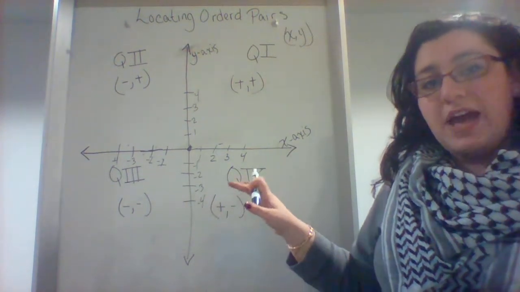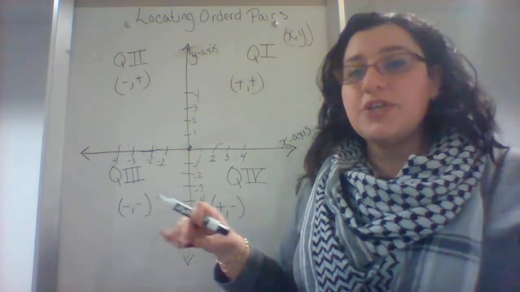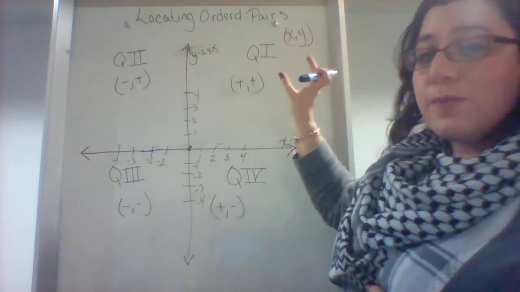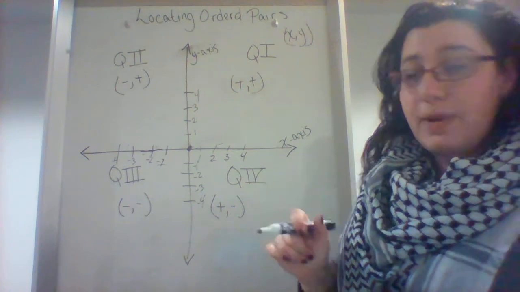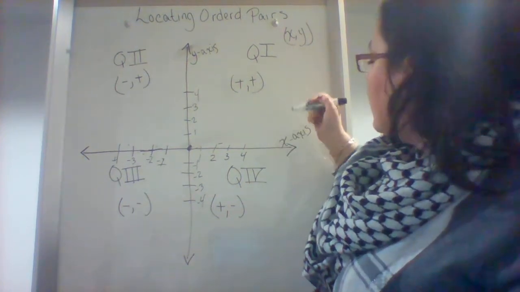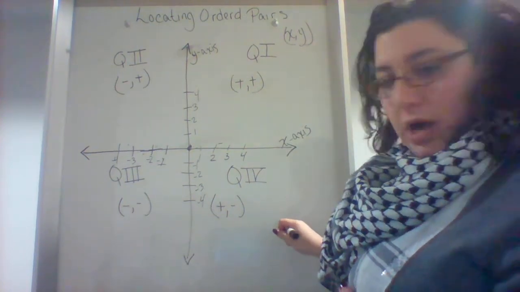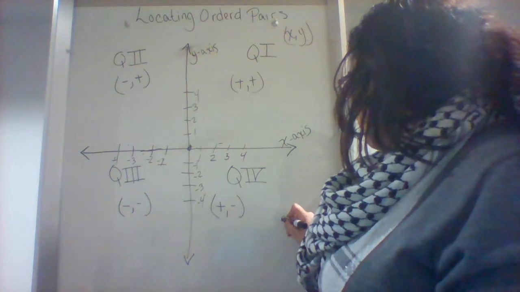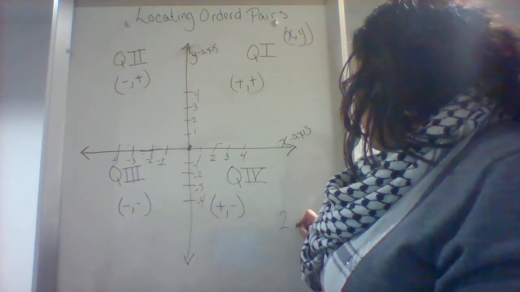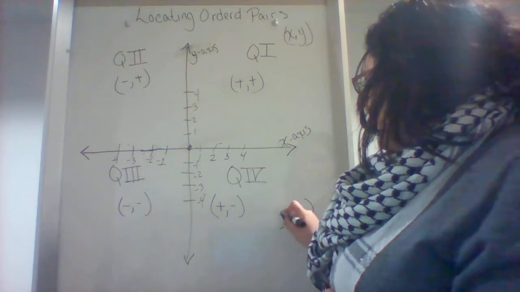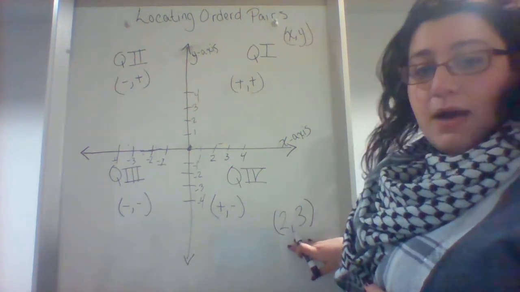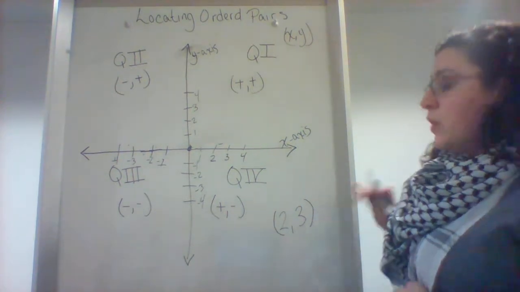If you have any set of coordinates that you're given, they're going to be in a set of parentheses separated by a comma. So let's work with quadrant 1. Can you see this? So let's go with the ordered pair of 2, 3. 2 numbers separated by a comma inside a set of parentheses.